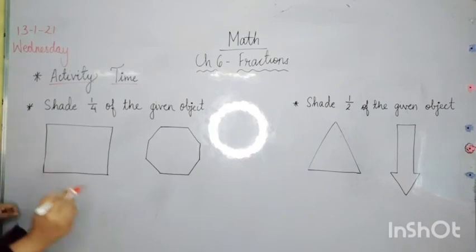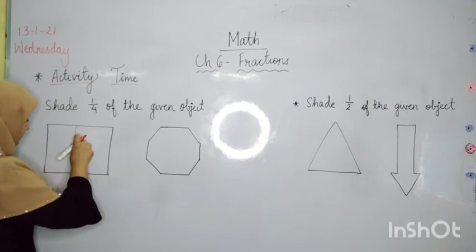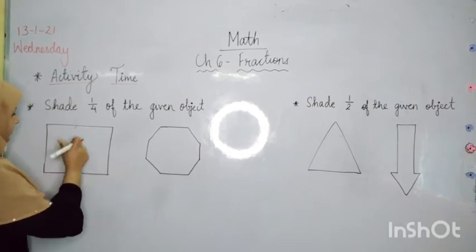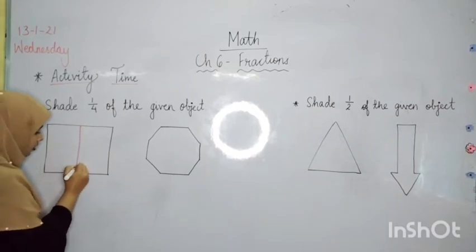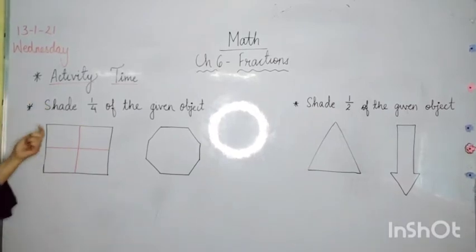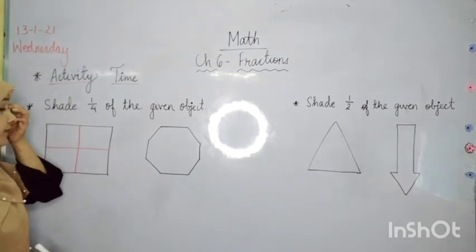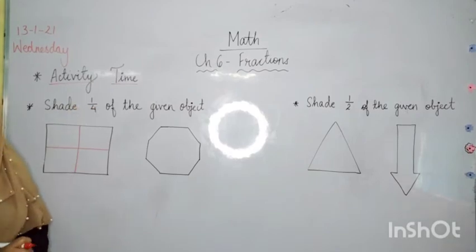First, we will make 4 equal parts of that given object. Yes, I am making 4 equal parts of this first object. Now I have to find out 1/4 of the object. What is 1/4 of the object?